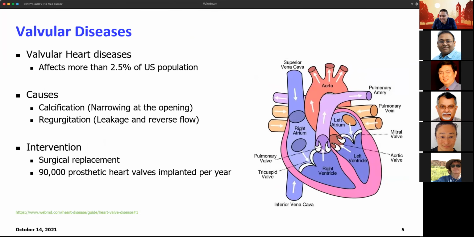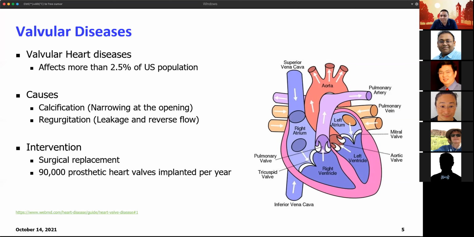In the second part of the talk, I also wanted to focus on a specific aspect of heart diseases called valvular diseases. These are basically diseases of the heart valve. Each heart has 4 valves: the mitral valve, the aortic valve, the tricuspid valve, and the pulmonary valve.